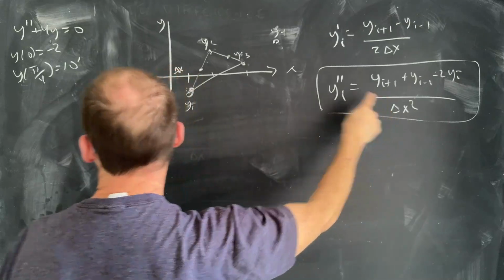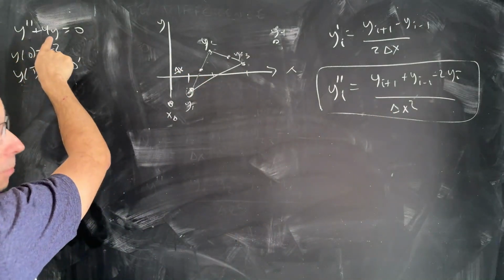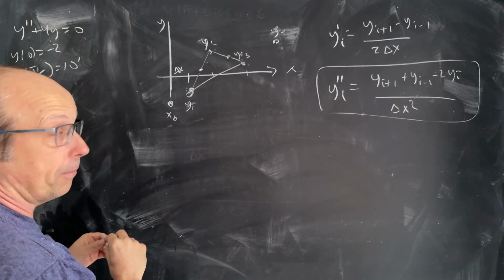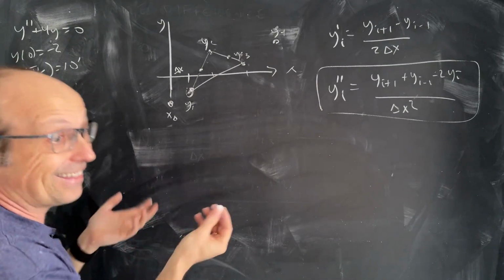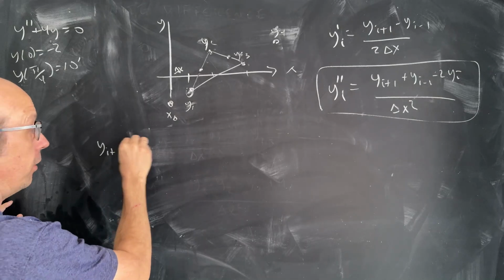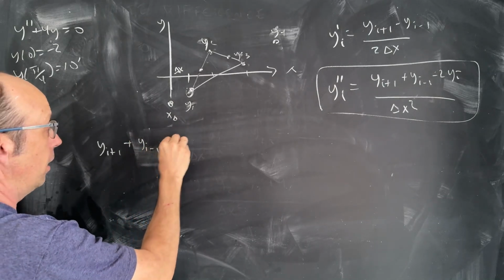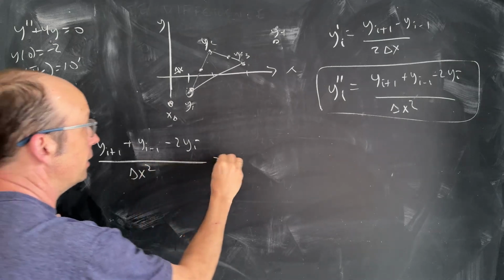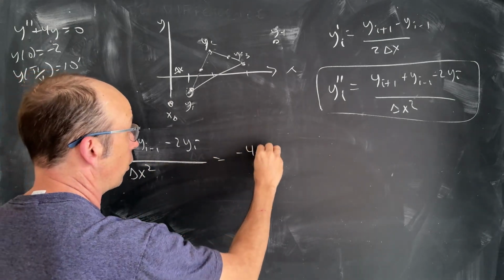So let's take this and say y double prime is minus 4y. So I'm going to write this as y double prime, okay, for the ith element. So that means yi plus 1 plus yi minus 1 minus 2yi over delta x squared is equal to negative 4yi.